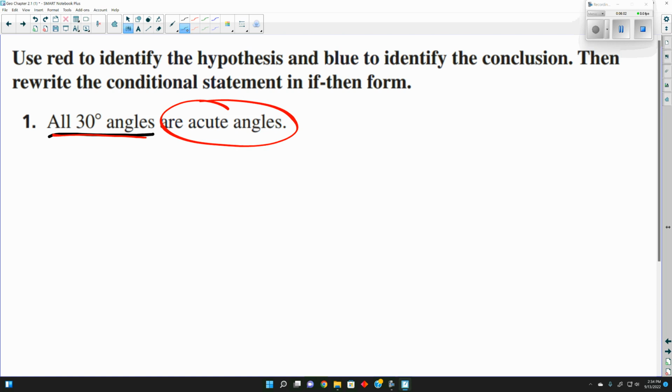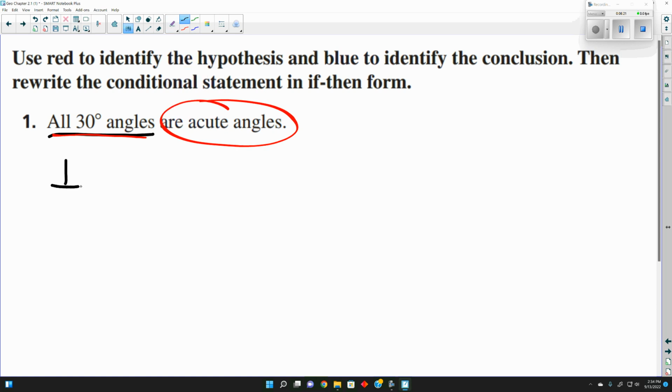And one of the big ones, especially when we look at if-then form, if is going to be in front of the hypothesis, then is going to be in front of the conclusion. If and then are not a part of the hypothesis or conclusion. They kind of say that it's coming up.